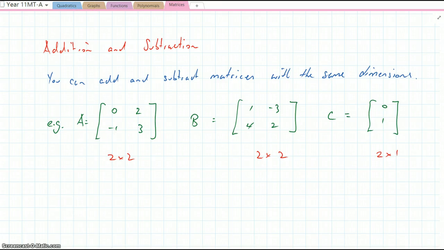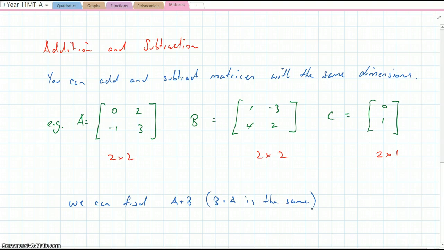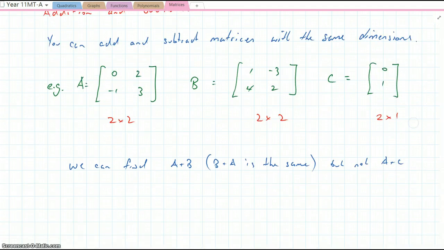So we can find A plus B. B plus A is the same as A plus B. Doesn't work with all things, but with addition, yes. We can find A plus B, but not A plus C, because they are not the same dimensions.